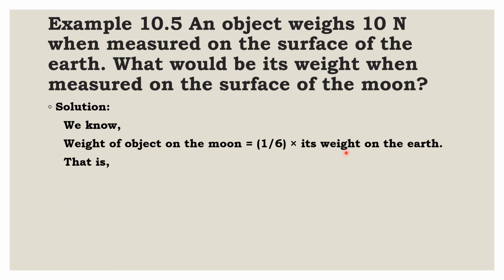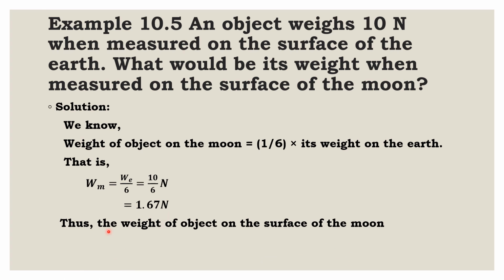Now substituting the values, Wm, that is weight on moon, equals weight on earth divided by 6, and we are given the weight on earth as 10 Newton. So 10 by 6 gives 1.67 Newton. So the weight of an object on the surface of the moon would be 1.67 Newton when its weight on the surface of the earth was 10 Newton.